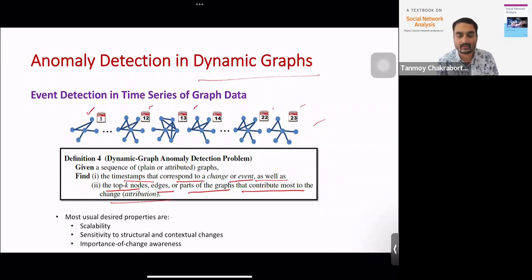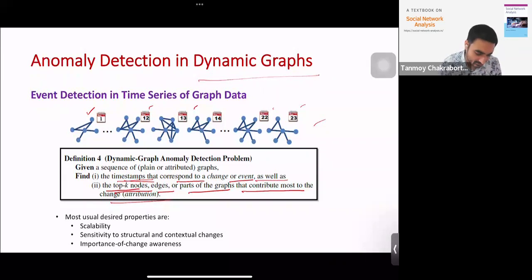If you look at the static snapshot of the network at time t and time t plus delta t, you may not find any abnormality. But if you look at the change in the temporal dynamics of the network, you see certain abnormality. So the task is to identify the timestamps where this change has happened, and the top k nodes, edges, or parts of the graph which contribute most to the changes.